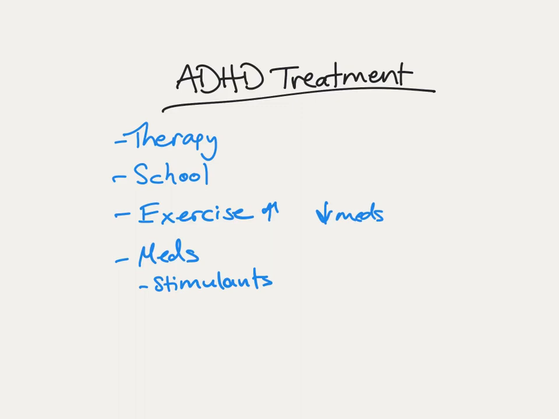So the brand names you may be familiar with are Adderall or Concerta or Ritalin. It seems counterintuitive that a stimulant would help to calm someone down, but what it actually does is increase your brain's ability to focus and to increase the function of the frontal lobe, which increases your impulse control as well.